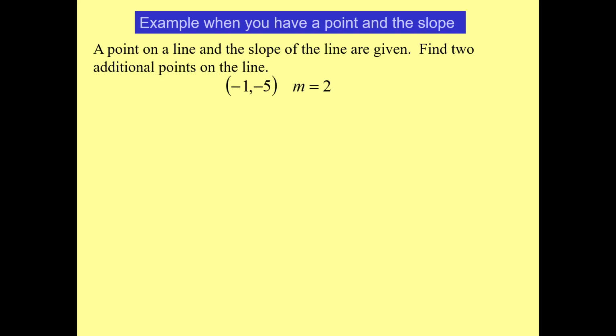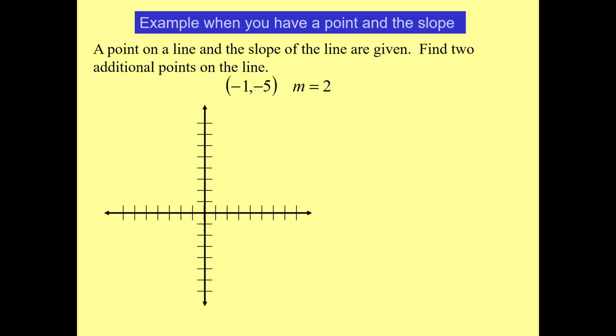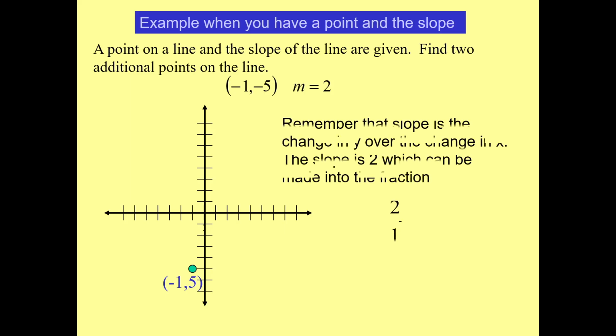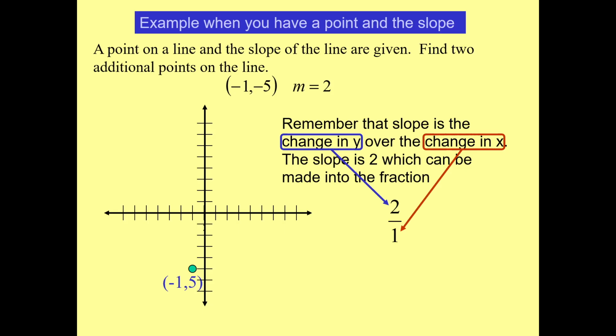For example, here I have a point and a slope. Plot that point. I'm going to find the change in y and the change in x. Change in y is increasing by 2 units, and my change in x is increasing by 1 unit. I change this right here. 5 is changing by 2 units.